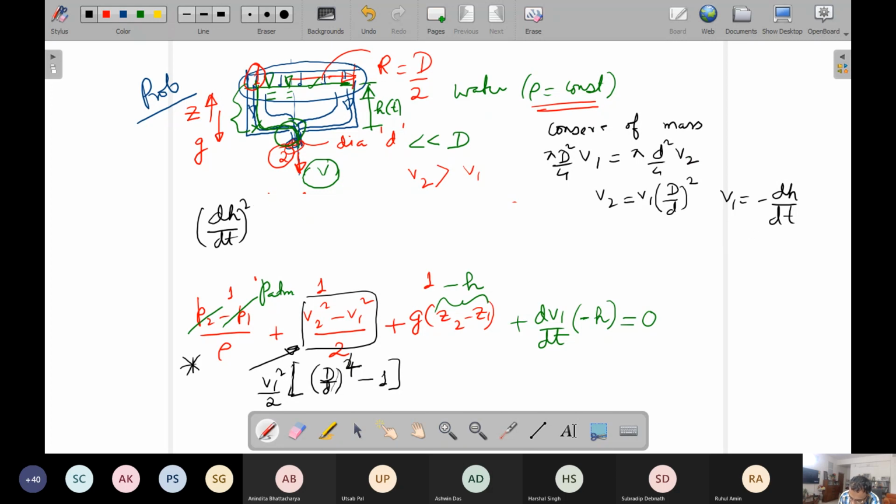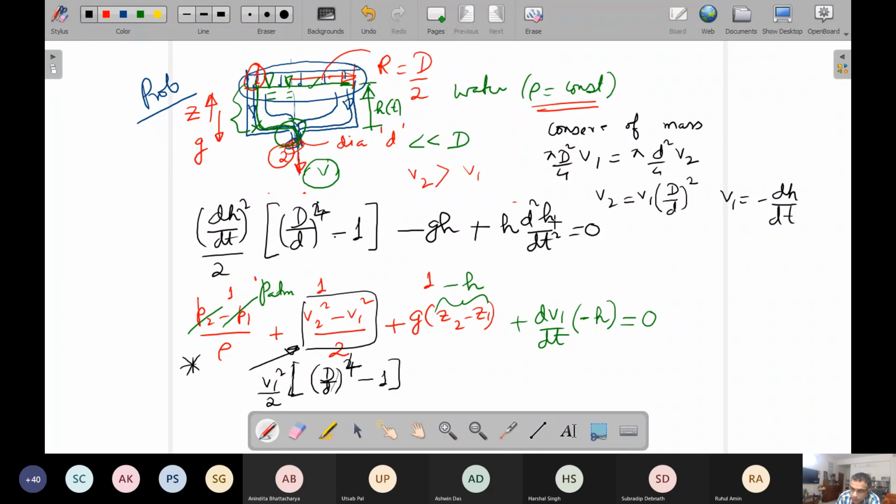V1 is minus dH dt, so (dH dt) square by 2 into (d by D) to the power 4 minus 1, minus gH, minus, so V1 is minus dH dt, so plus H into dV dt, which is d2H dt2. So this is it. So you get a differential equation.